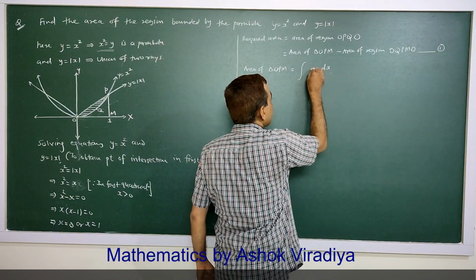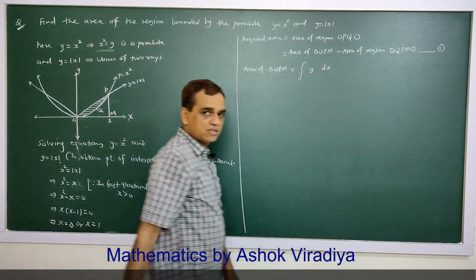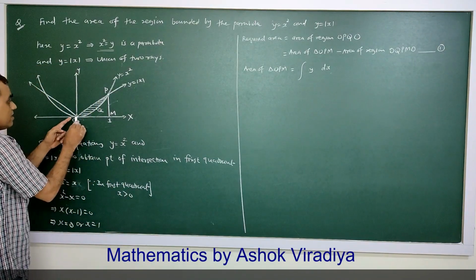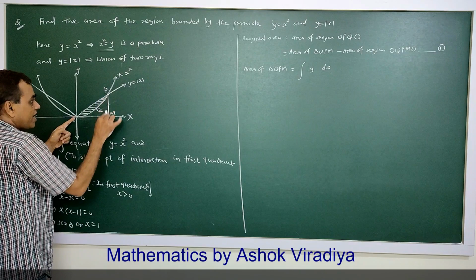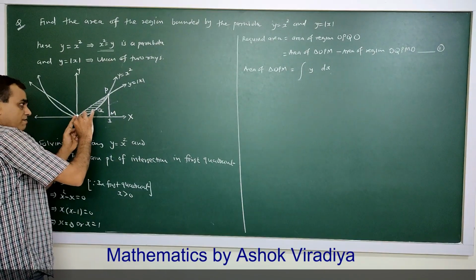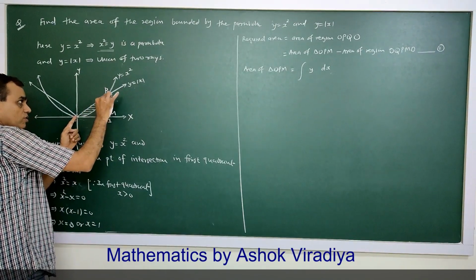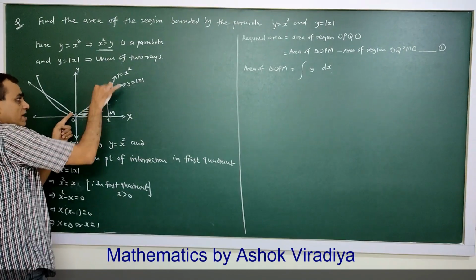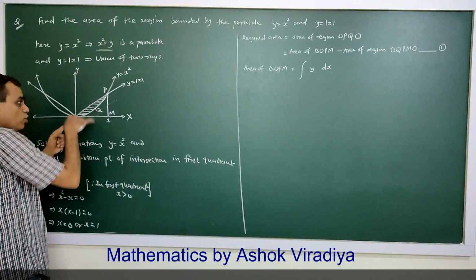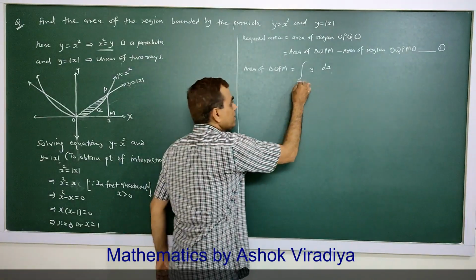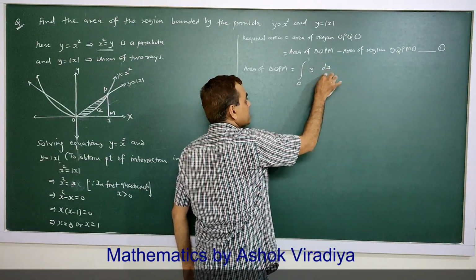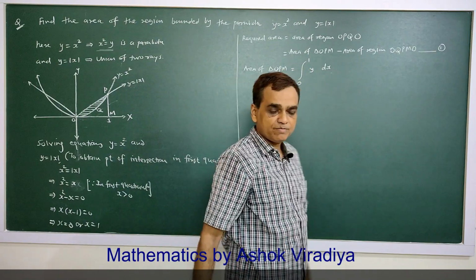When I keep dx, I have to put y here, and minimum x is 0, maximum x is 1. This triangle is formed by this part of the curve, x from 0 to 1, x axis, so we keep y here.